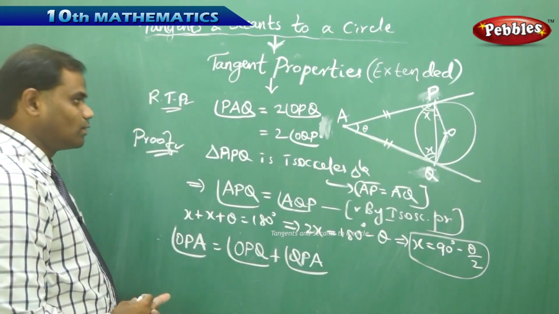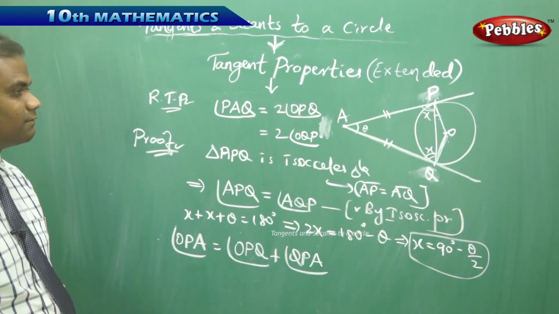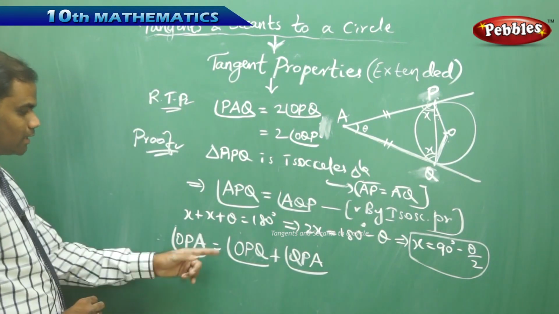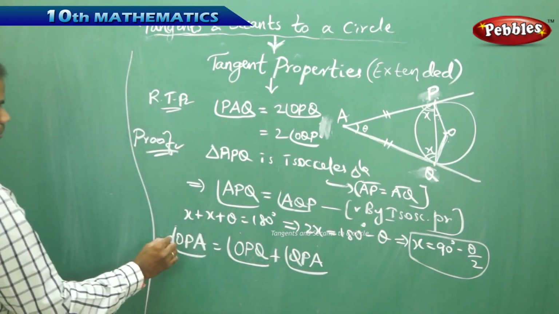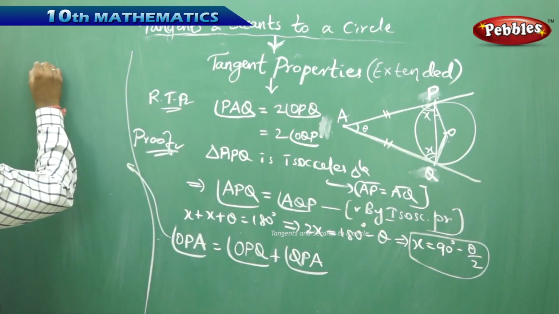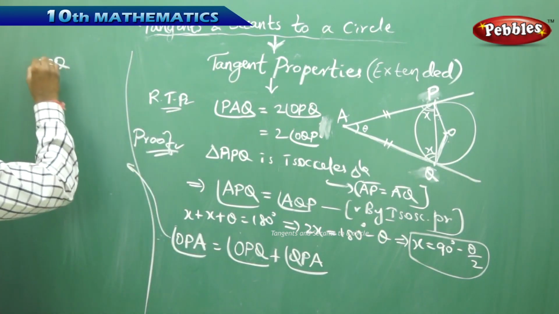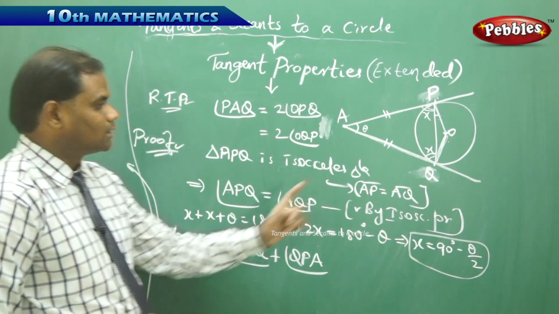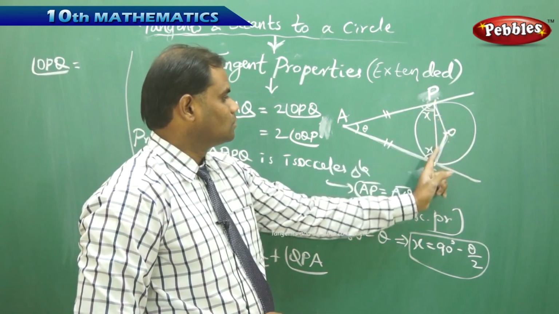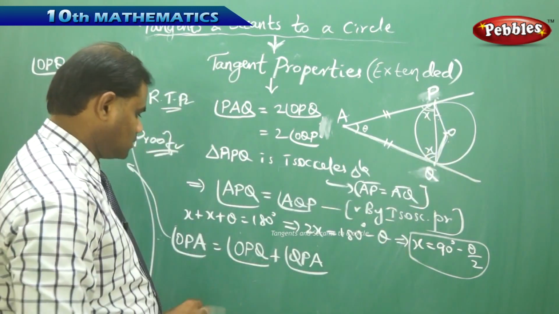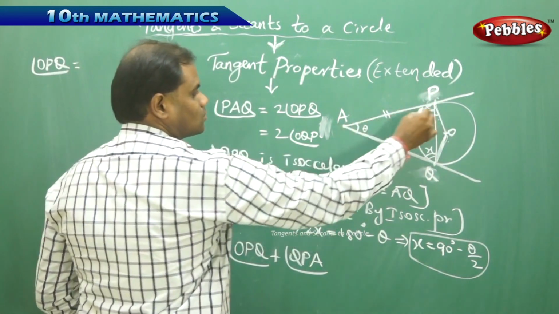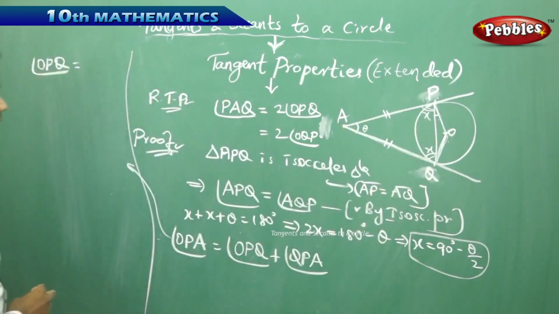That implies angle OPQ, which I'm going to find, is equal to angle OPA minus angle QPA.